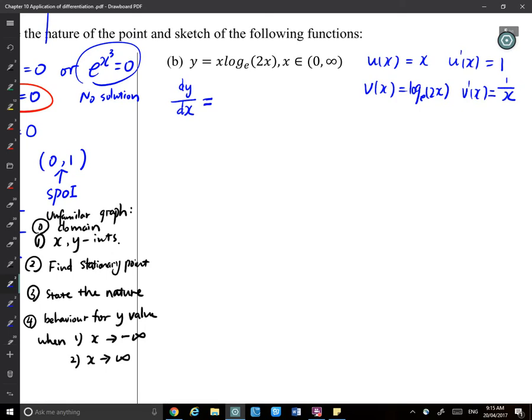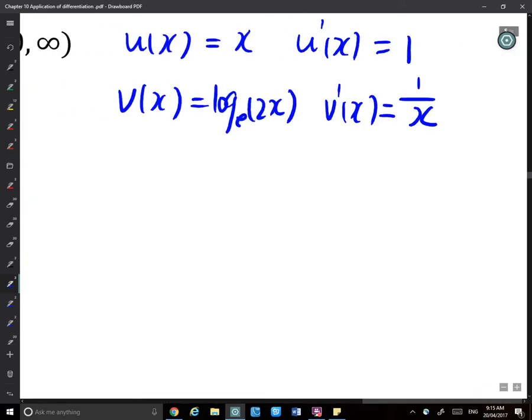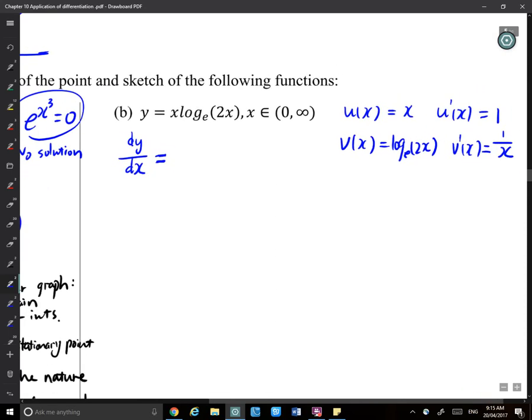So dy/dx equals u'(x) times v(x) plus v'(x) times u(x). Cross-multiplying, you have x times 1 on x, which is 1, plus log e to 2x.